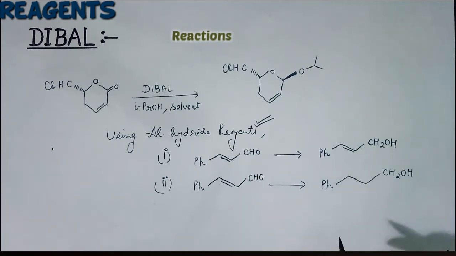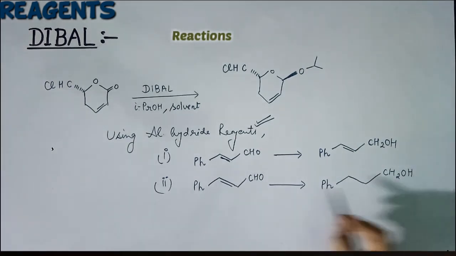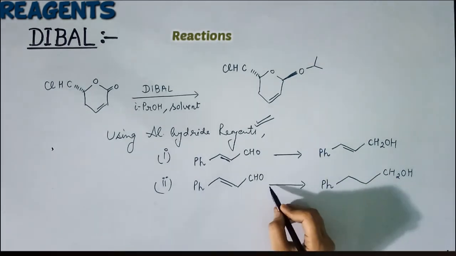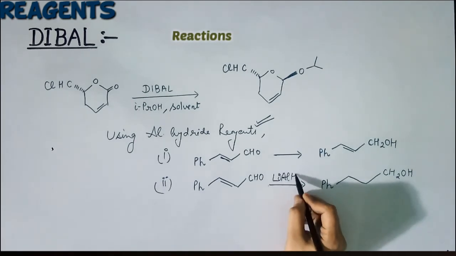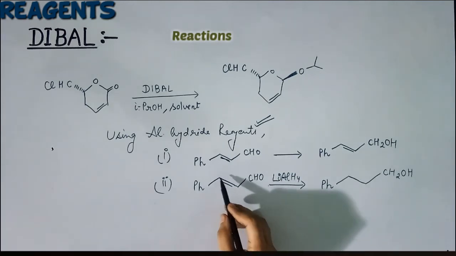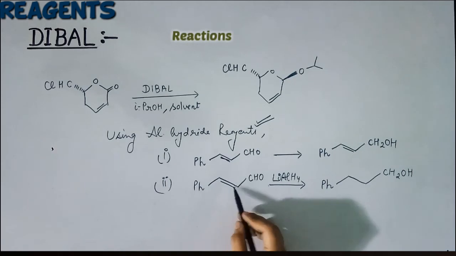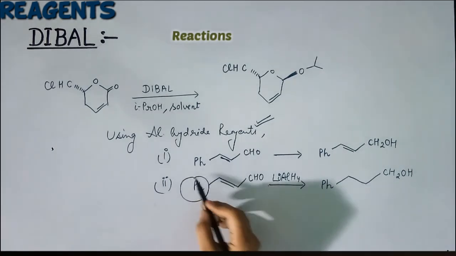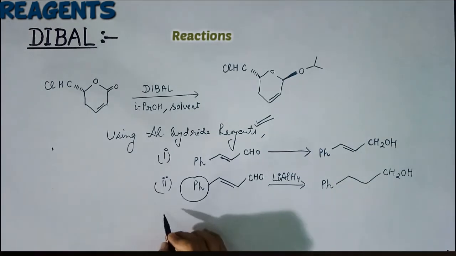So it's quite easy. You can see this is a double bond, and here this double bond and CHO group are both reduced. So this can happen in case of lithium aluminium hydride, okay? Lithium aluminium hydride reduces both double bond and CHO. And in what case does it reduce the double bond? When there is a phenyl ring, okay? Not in every case. So keep it in mind.